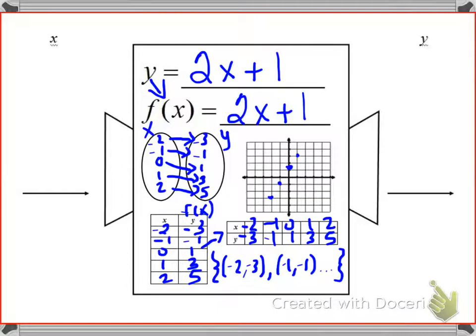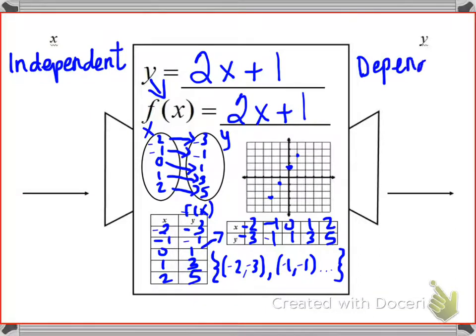So now we're going to move into our synonyms for our x and our y variables. You guys already know that the x can also be called the independent variable. Okay, and the counterpart to the independent for our y is going to be the dependent, and I know you're familiar with that as well.